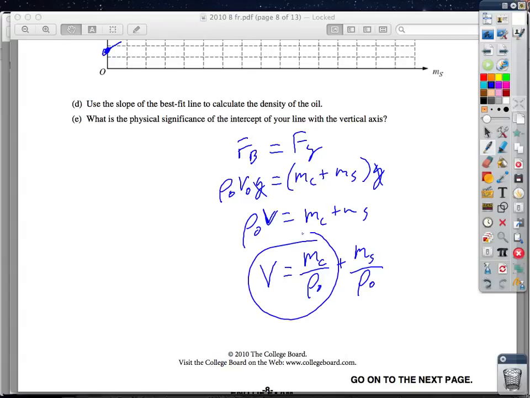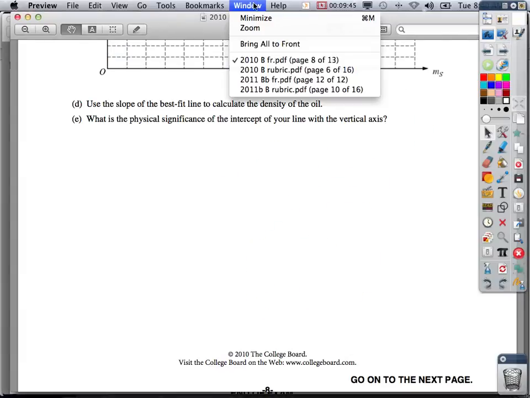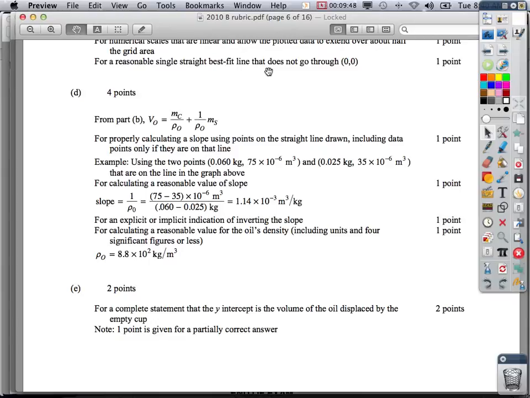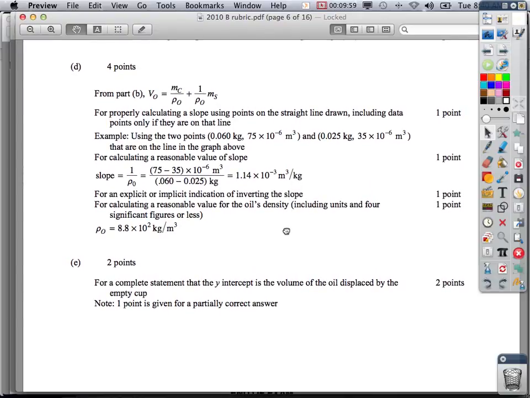Oh wait, no, you know that the slope of that graph should be mass of the sample per volume. Slope is 1 over the density.